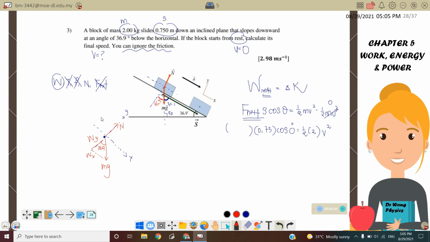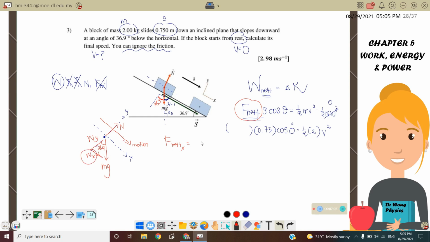Now the object's motion is going downwards. This is the motion. Therefore, we need to find F net. F net for the x component is equal to, same direction is positive, opposite direction will be negative. Here we only have mg, which is going in the same direction as the motion.